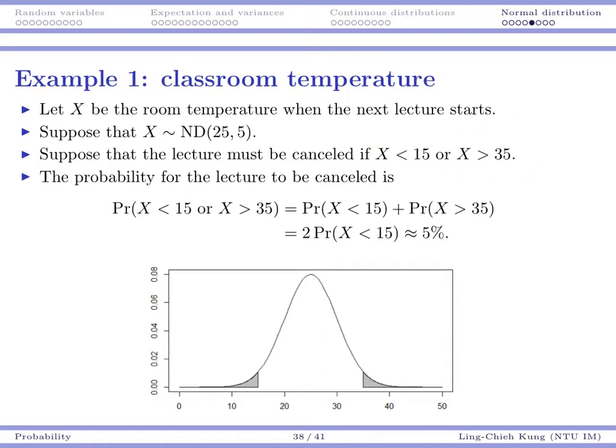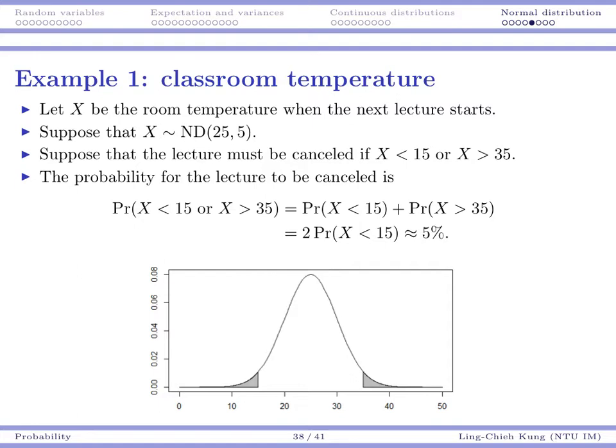In either case, we need to cancel the lecture. Then we want to calculate the probability for X to be lower than 15 or the probability for X to be greater than 35. Either event has some probability to occur, so we need to sum them up.